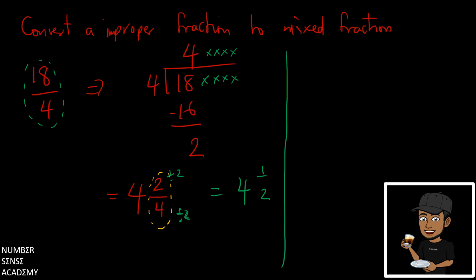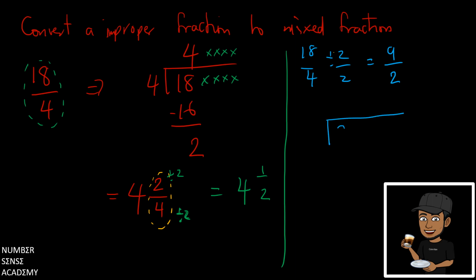So I'll show you what I mean. I have 18 over 4, and I divide everything by 2 over 2, I end up with 9 over 2. This is much easier to convert.